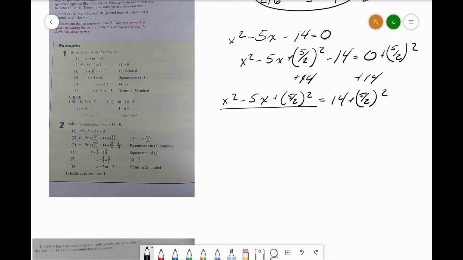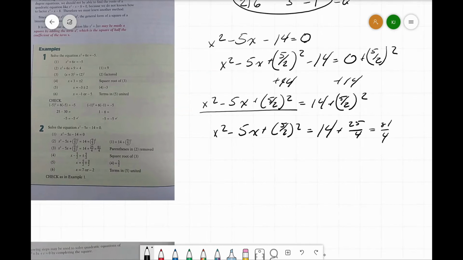And from here, we're able to start removing parentheses and squaring things out, leaving us with (x - 5/2) squared equal to 14 plus 25/4, which would then equal 81/4. So we can go ahead and shift all of that so that it reflects the new number.